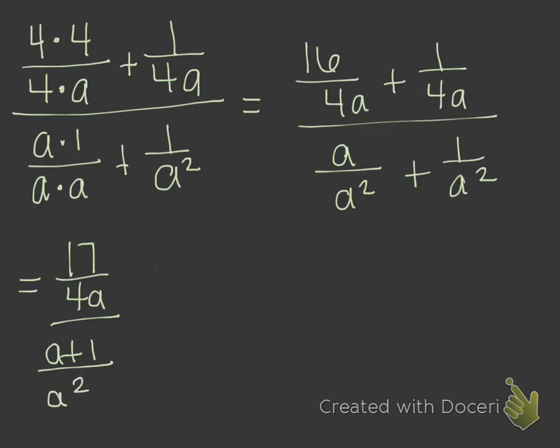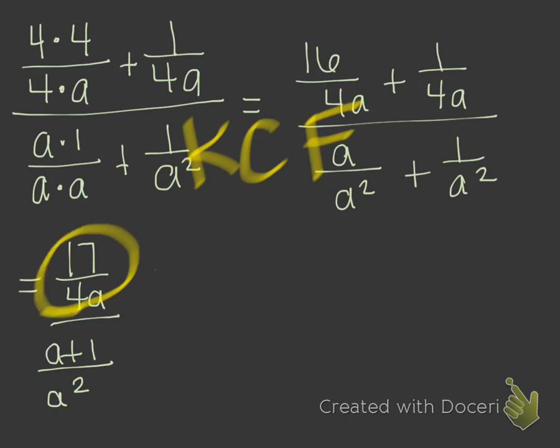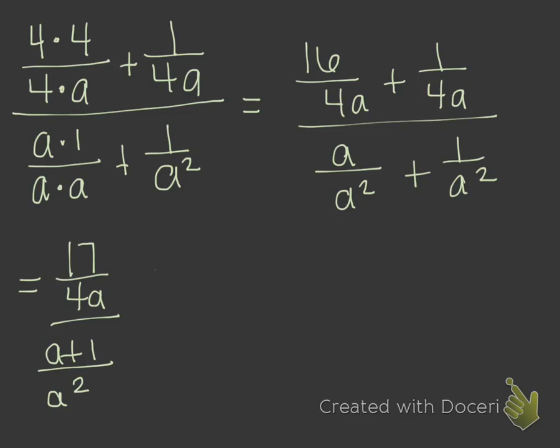Now I'm going to do keep, change, flip. I keep the numerator, I change the division to a multiplication, and I flip the denominator over. Keep, change, flip. I'll do this in a new color because this is where we're doing the complex fraction part of the problem.